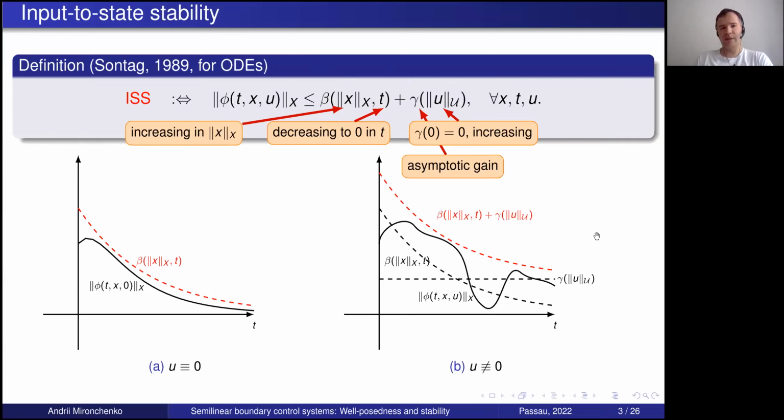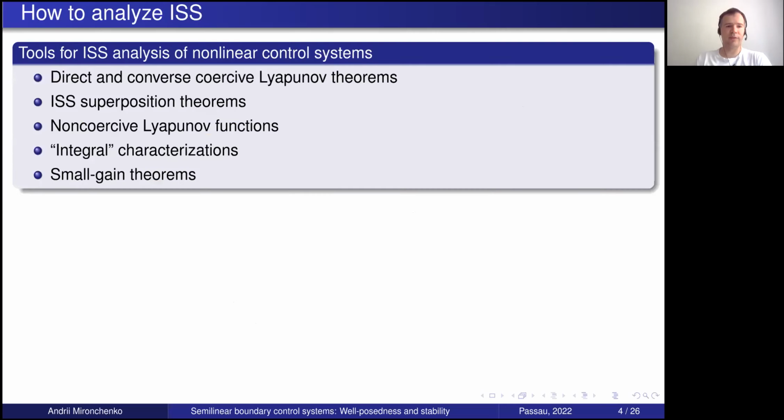It turns out that this property is very important for nonlinear control of ODE systems, time delay systems, and more general infinite dimensional systems. Therefore, it is desirable to obtain a set of tools for analyzing this property. Within the last several years, this set of tools was developed.